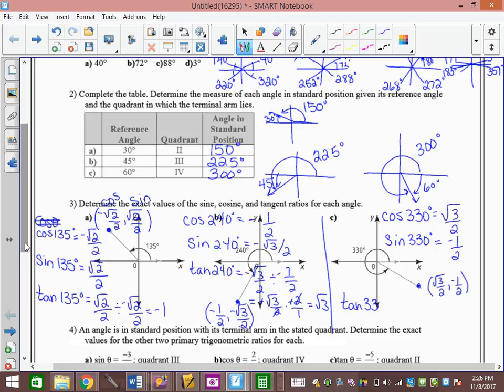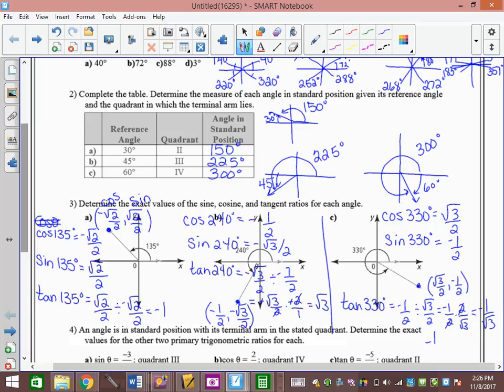of 330 equals negative a half, because those y divided by x, divided by root 3 over 2, which is negative a half times 2 over root 3. The 2's cancel, and I'm left with negative 1 over root 3. What's the catch? You have to rationalize it.